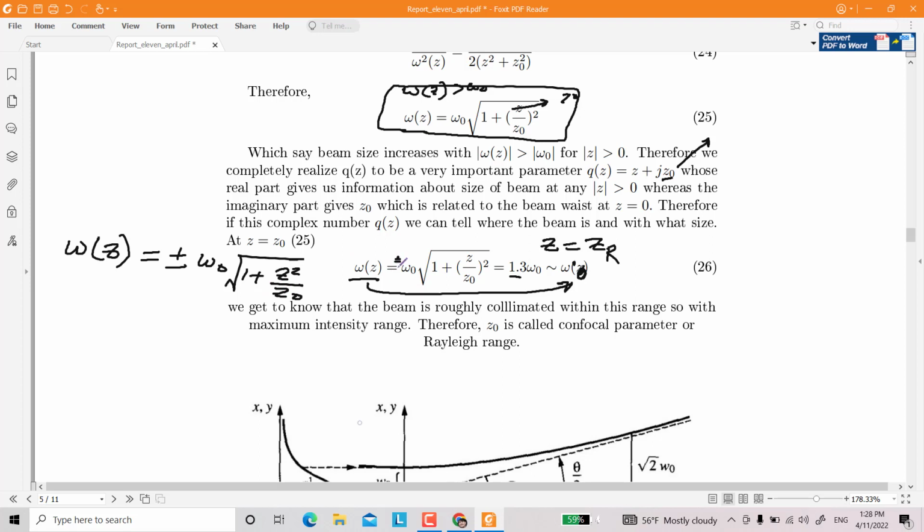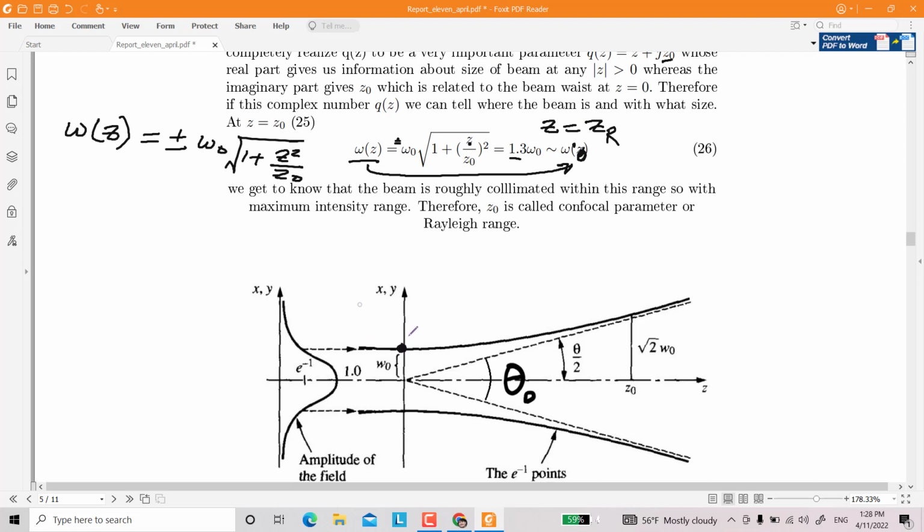So if you plot z is equal to 0 here, you will be here. And at z is equal to 0, you will have the plus omega naught, which is here. And if you take the minus part, then you will be here.